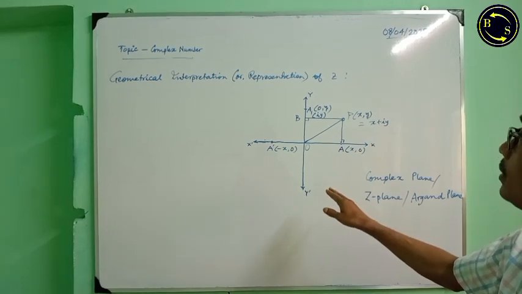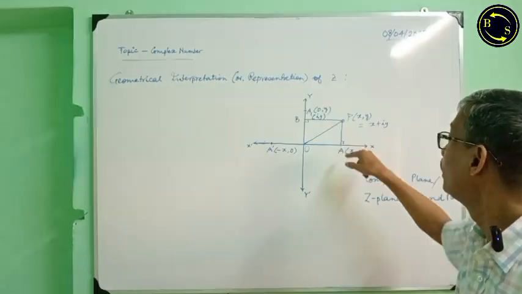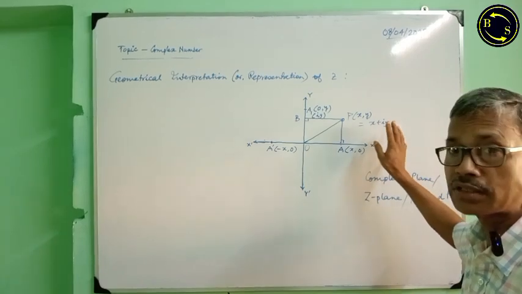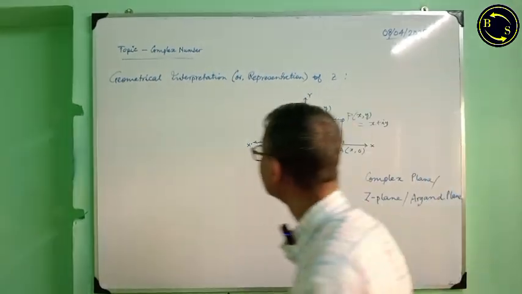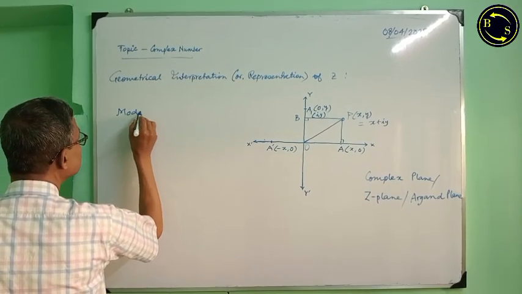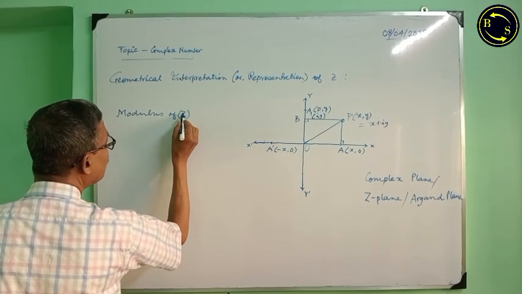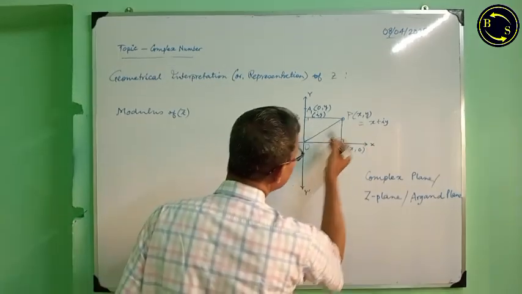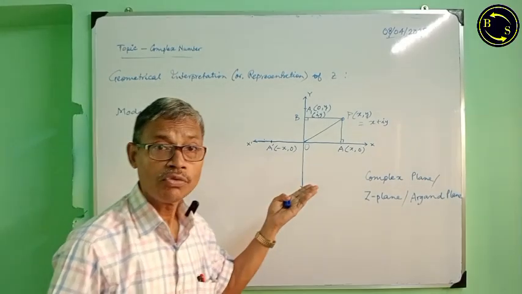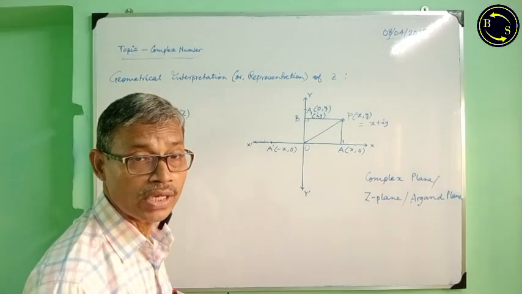Using the complex plane, we have located here P, having complex number x plus iy. Now the distance OP, already we know, OP is equal to root over x square plus y square.